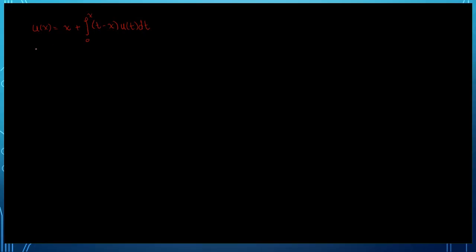Here is our equation. First of all, we will let u of x equal the summation n from 0 to infinity of un of x. And then we will substitute in this equation with this summation.